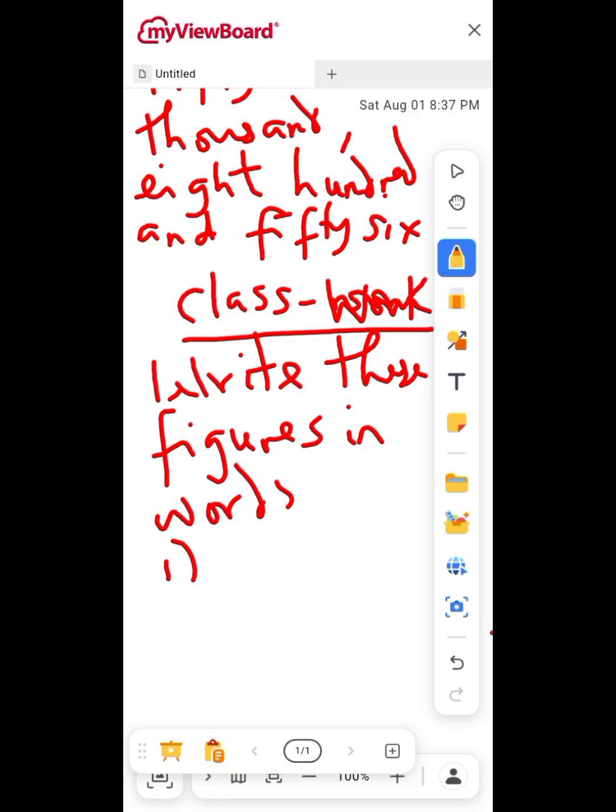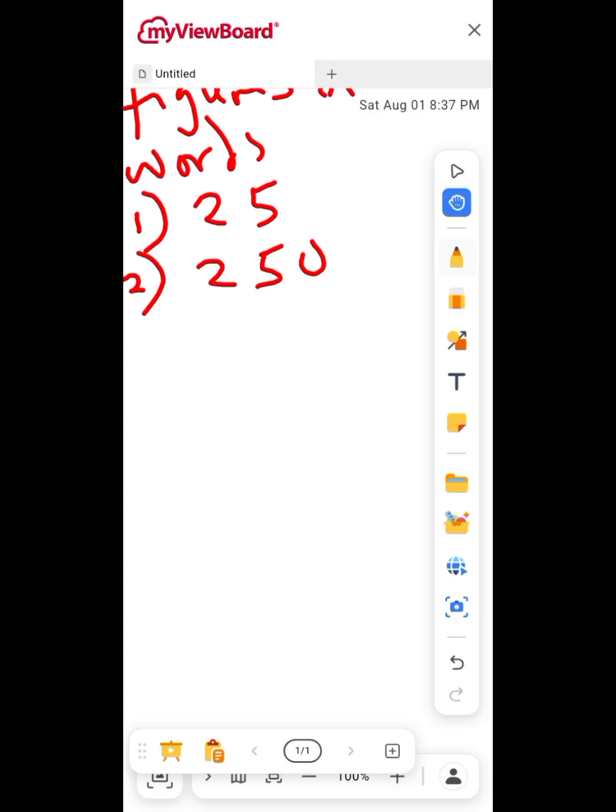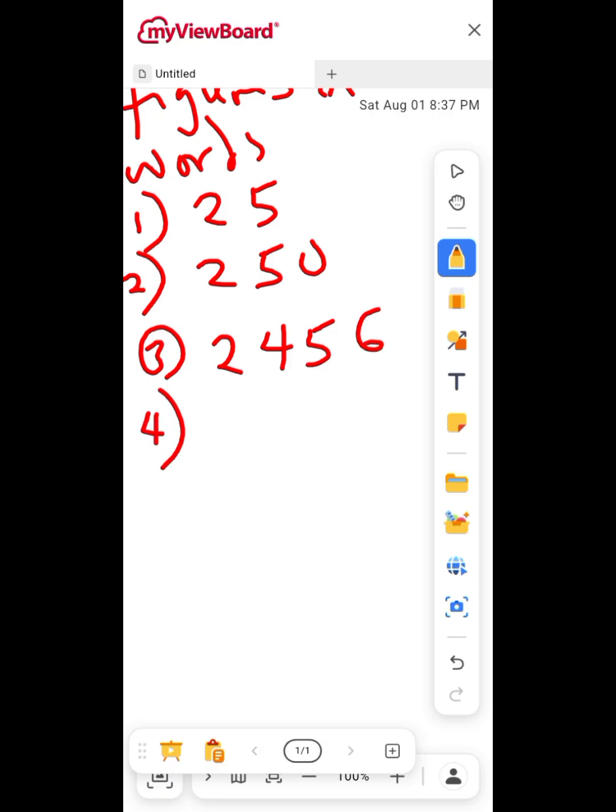So what is our first figure? We have 25. The next figure, we have 250. The next figure, 2,456. The next, 40,128.